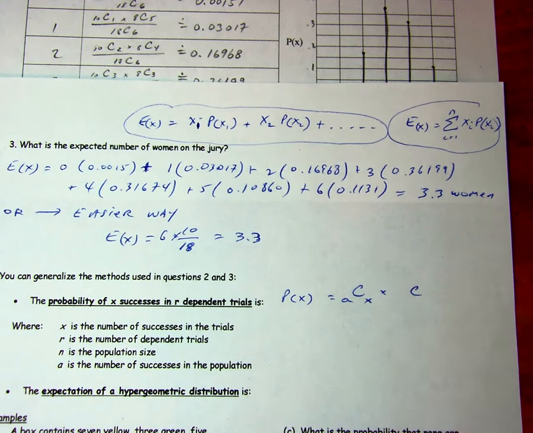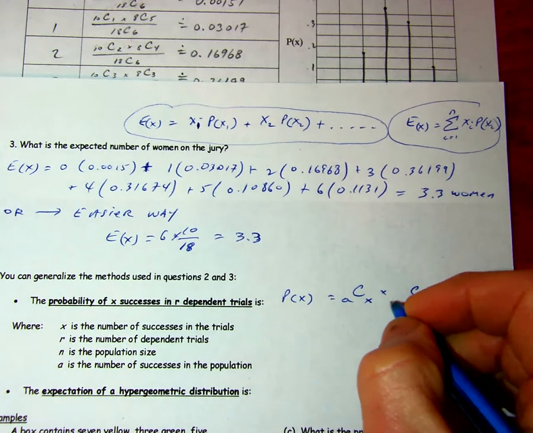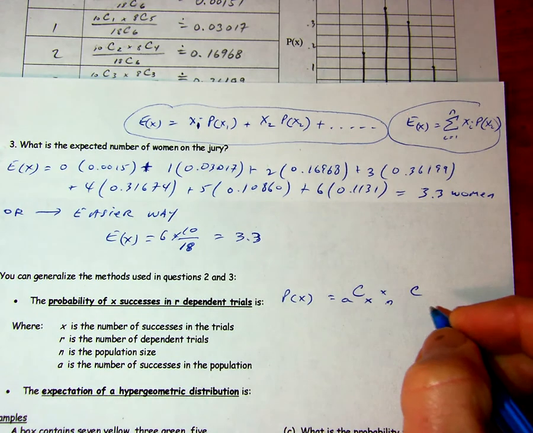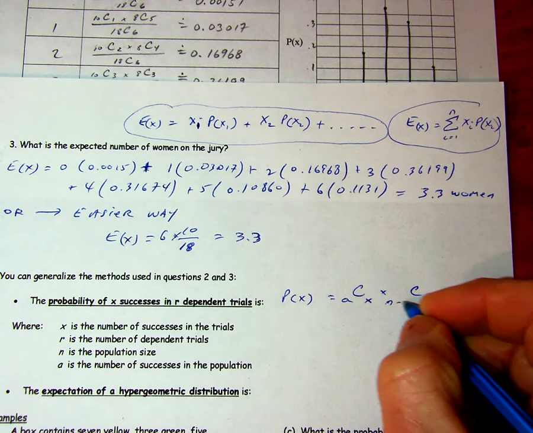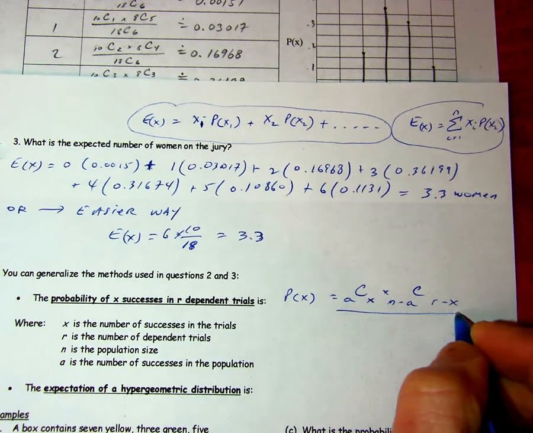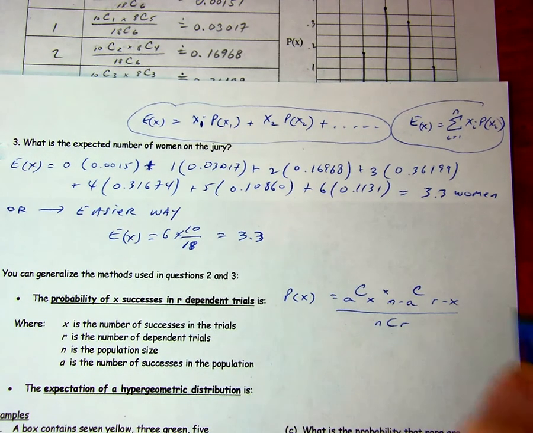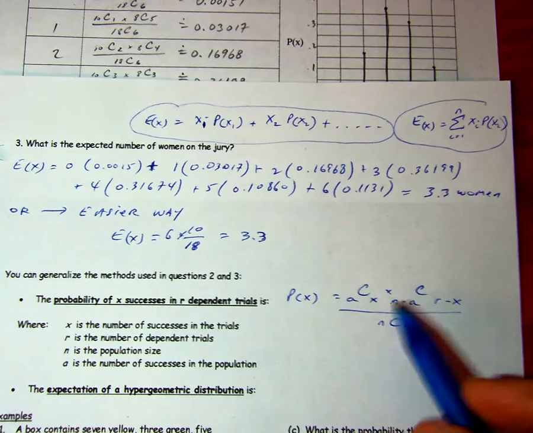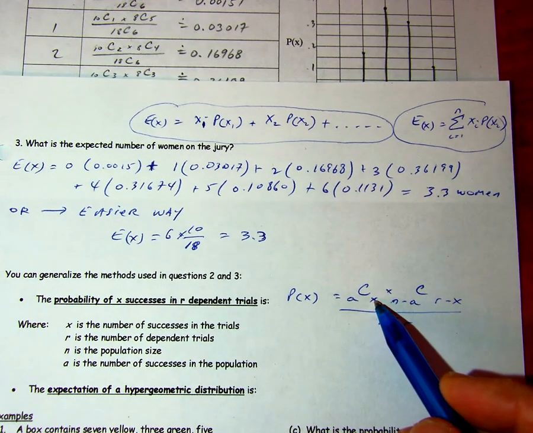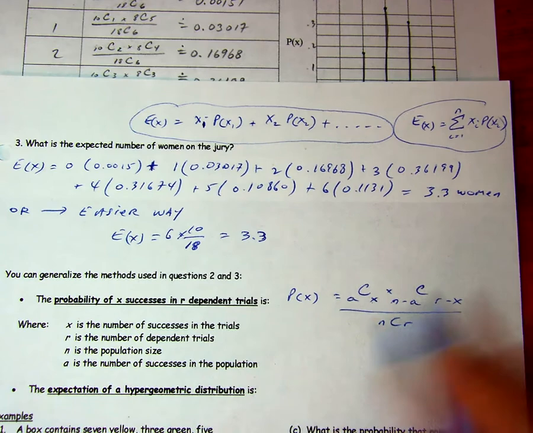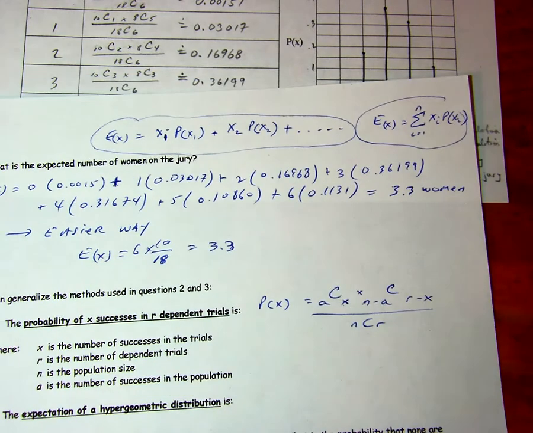Okay, I'm just going to copy down the formula, and we'll talk about it in a second. So N minus A choose R minus X, all over N choose R. This is hard to explain, but it will come clear once we use the formula.